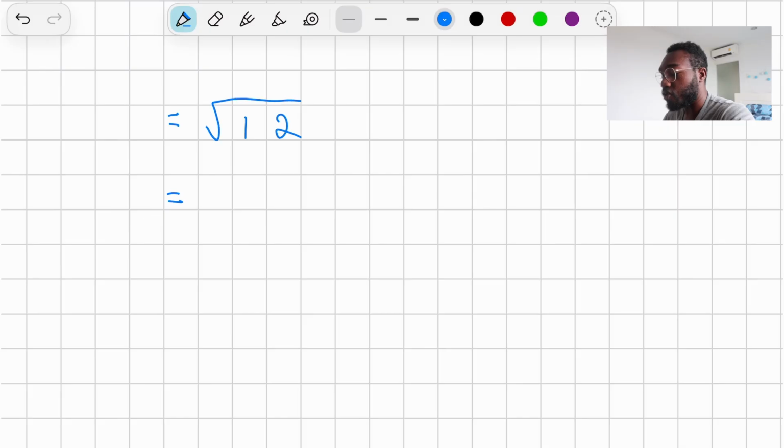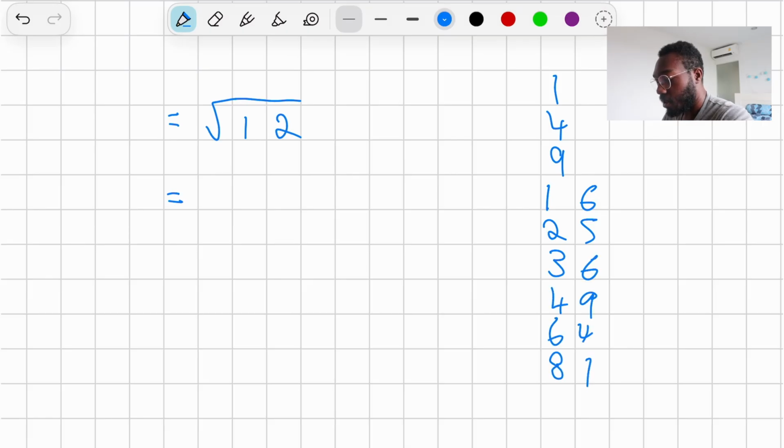So for example, if I just write down all the square numbers between 1 and 12, then we have 81, 100, 121, and 144. Okay, I've written down all these square numbers from 1 to 12. What I mean by that is obviously 1 times 1 is 1, 2 times 2 is 4, all the way up to 12 times 12, which is 144.